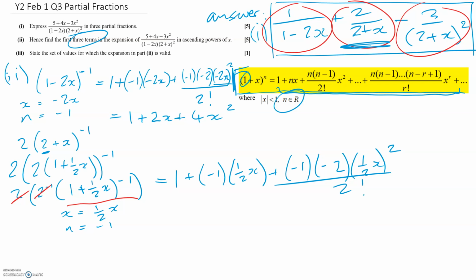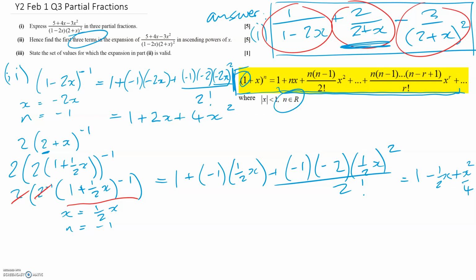So that's just going to give us 1 minus a half x. And what's this all going to give us? That will be a quarter x squared times by 2 divided by 2. So that will just be a quarter x squared, or x squared over 4.